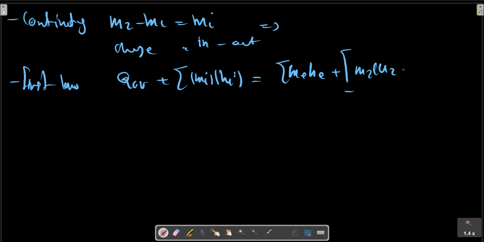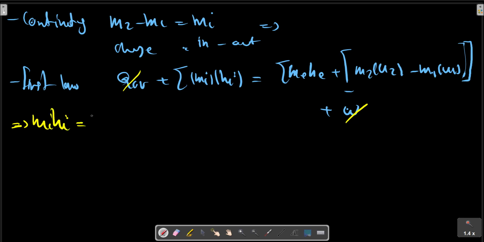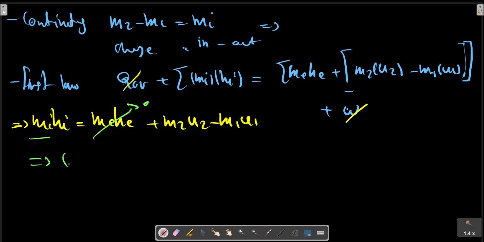The kinetic and potential energy change is 0, minus m1 u1 plus W. Q and W is 0, mi hi, me he. We can have a relation for m2.